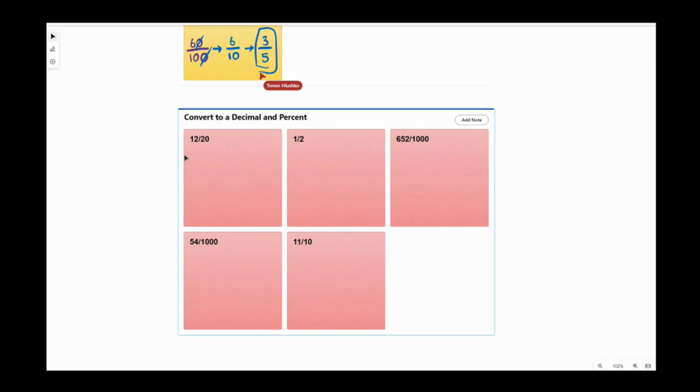Otherwise, I would do that. But 1 divided by, so I'll do this one first. 1 over 2. Well, that is 50. Another way I could write that is 50 over 100. And which then, as a decimal, is 0.5.